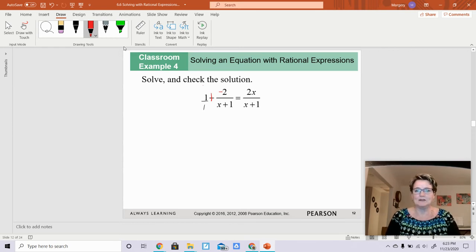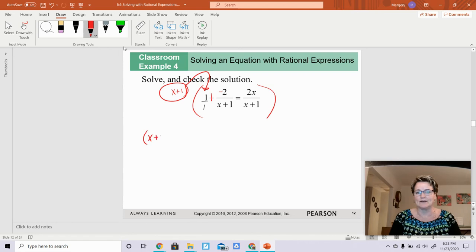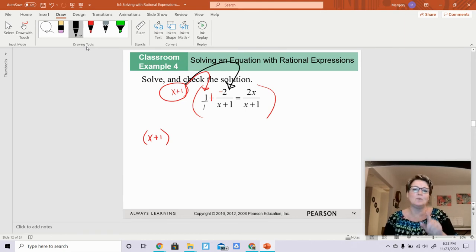Here we go. So I'm going to multiply the whole thing. The common denominator is going to be x plus 1. So I'm going to take this whole thing and multiply it by the first term. That's going to be 1 times x plus 1. I'll change different colors so you can see what I'm doing. Now I'm going to multiply it by this one. x plus 1 divided by x plus 1 is 1. 1 times a negative 2 is a negative 2.